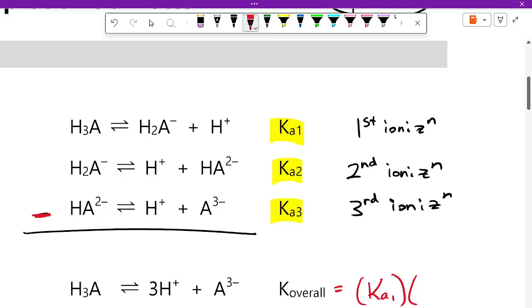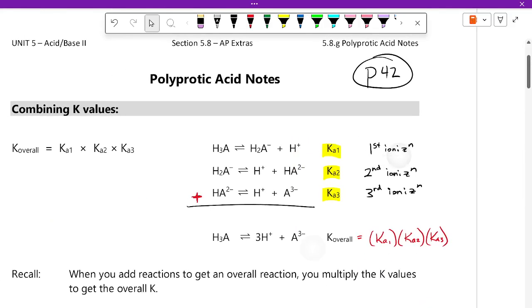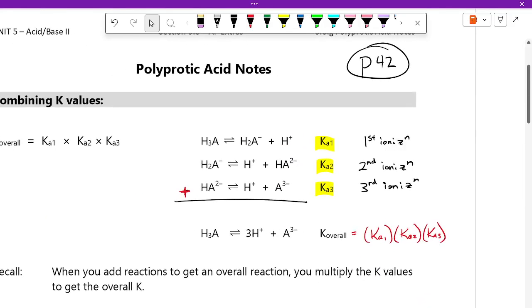So when we add up reactions, we multiply their K values to get the overall K.